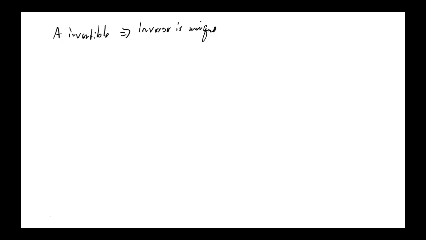The inverse of A is denoted by A inverse. That doesn't mean 1 over A because we don't even know what it means to be 1 over a matrix. We don't have matrix division or reciprocation or anything else.